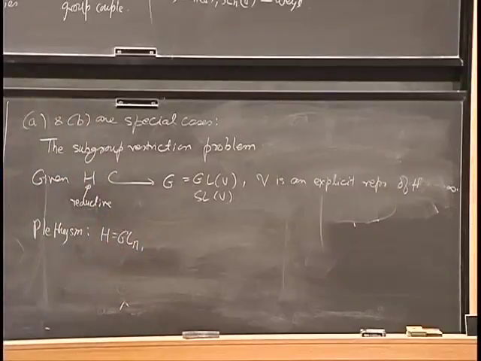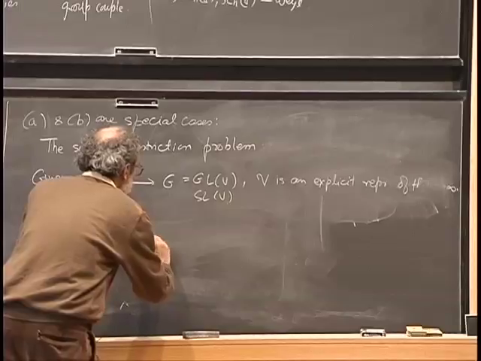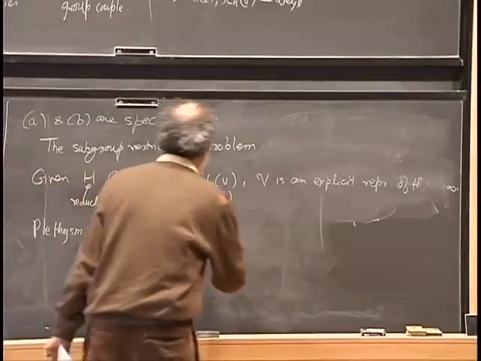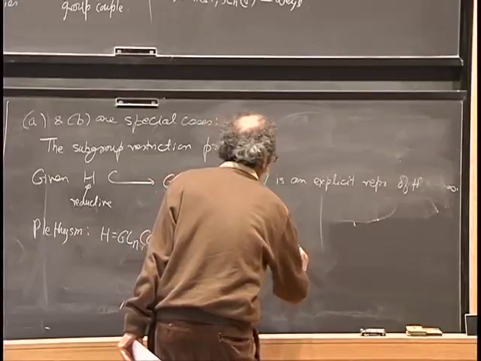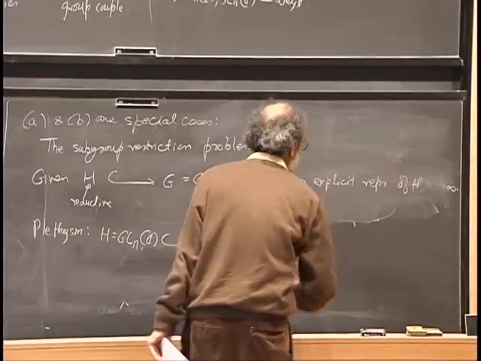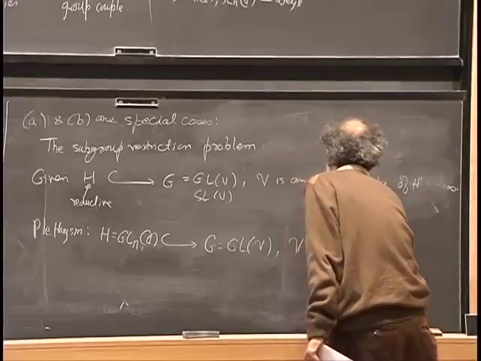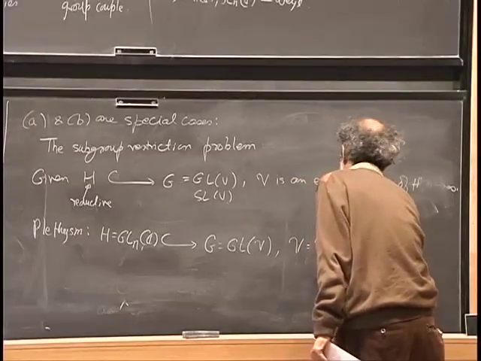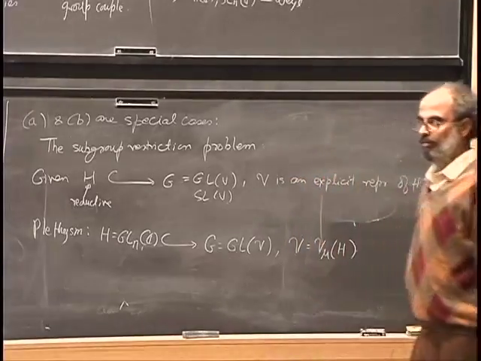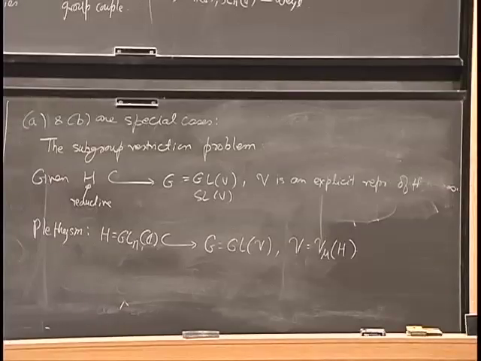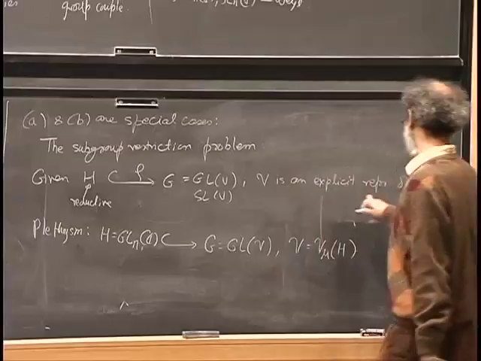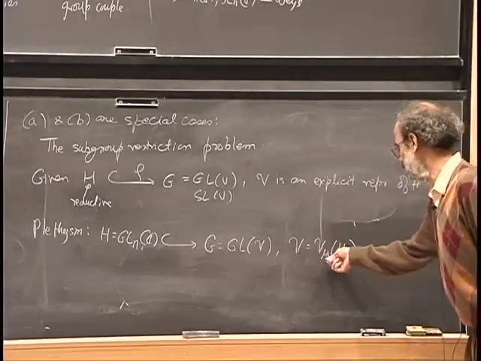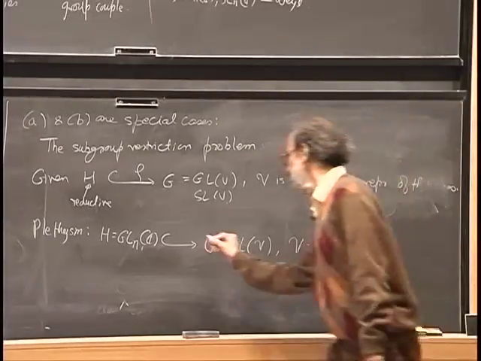This n is different from the one so far. So GL_n(C) sits inside G equal to GL(V), where V is the representation of H with partition mu. So the homomorphism map has to be given explicitly, and in this case it can be specified by simply specifying mu.